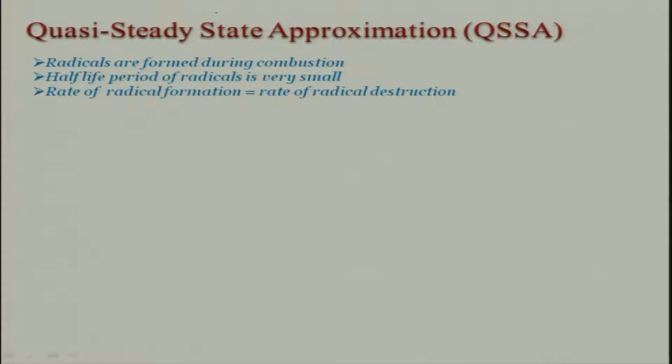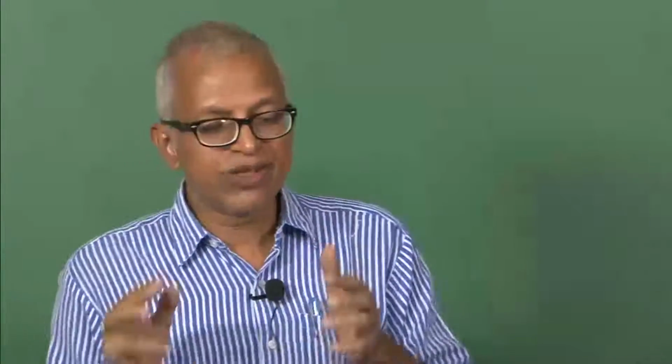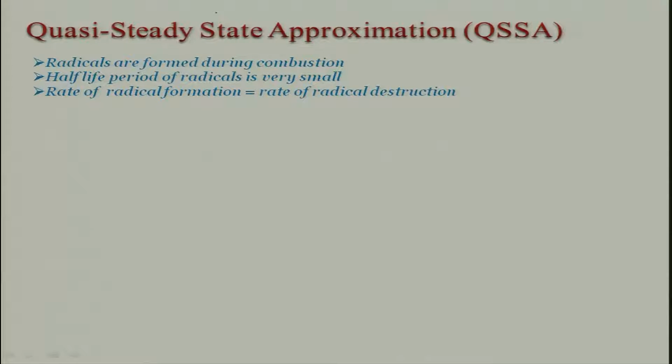It's like looking at the time scale of, let us say, the Indus Valley civilization, and ours is like a radical: we will be here doing something, contributing, and then go away. After that we won't be there. Similarly, that is the role of radicals. So we can say the rate of radical formation is equal to the rate of radical destruction.